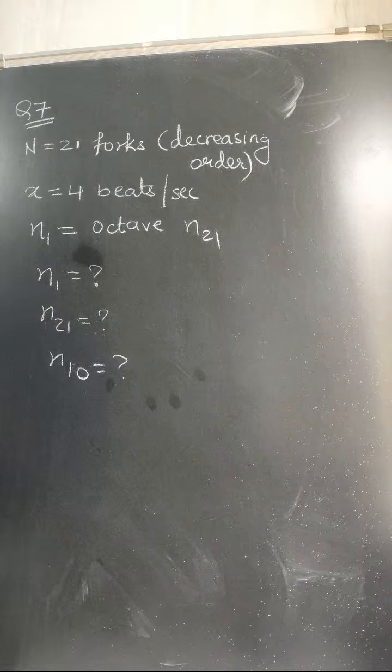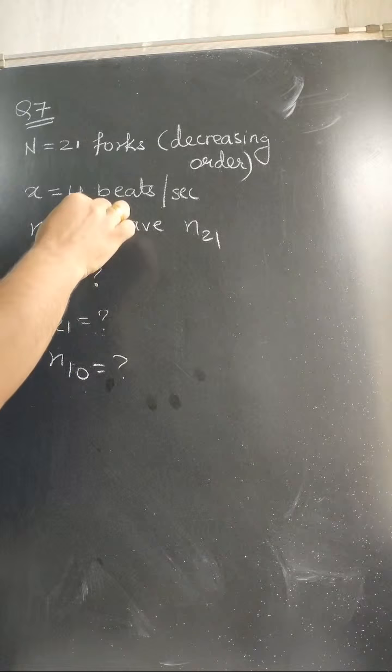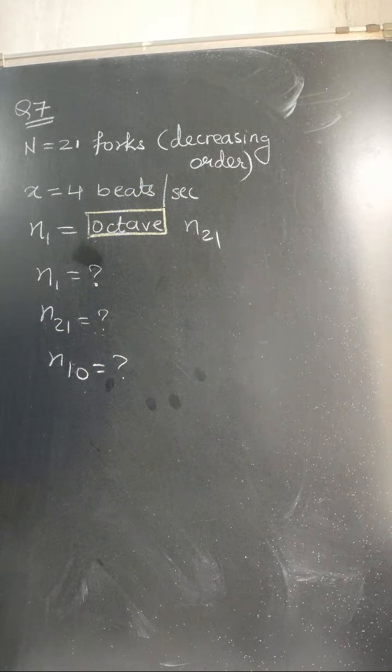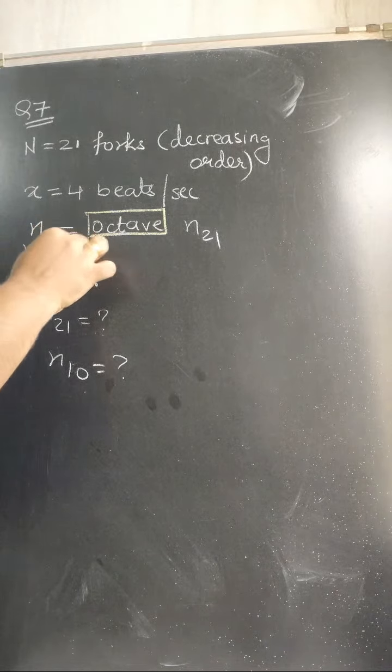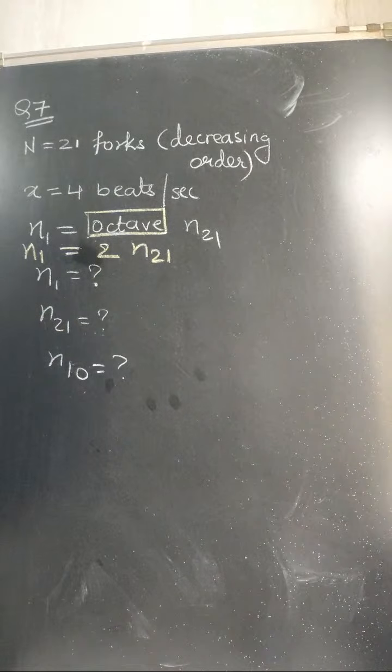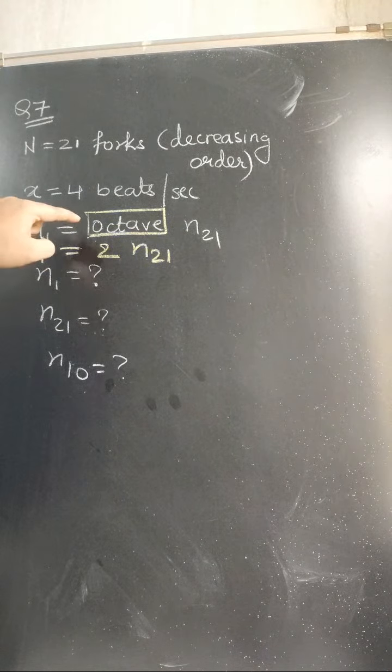Now students, I would like you all to focus on this word octave and remember this: in musical sound, octave means twice. So N1 is twice N21. The meaning of octave is twice.